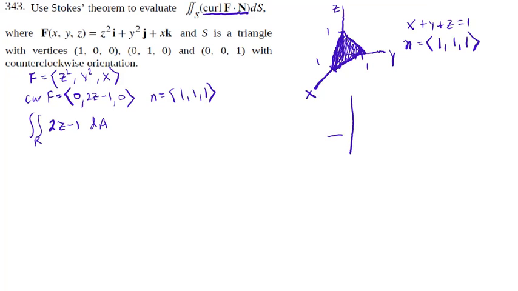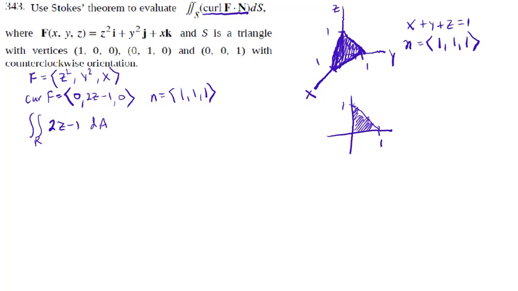So here's my xy plane. I see here that the x-intercept is a 1, the y-intercept is a 1, and it's the region between there and the origin. So the line here would give us this region.